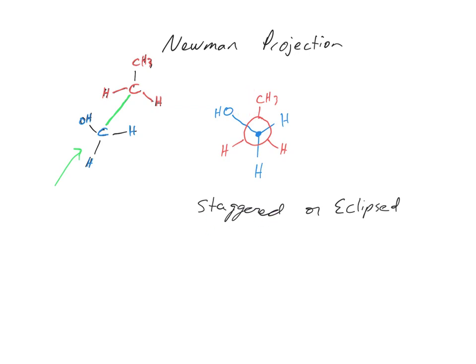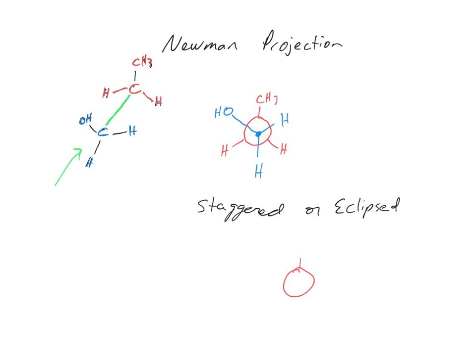All right, let me take a second and just quickly draw what it would be if it was eclipsed. So if it's eclipsed, what you would see is this front group would rotate over to be right on top of the CH3, and then this hydrogen would rotate over, be right on the hydrogen, right on the other hydrogen. So let me draw that really quick. So let's start with the ones in the back. I can draw my circle.